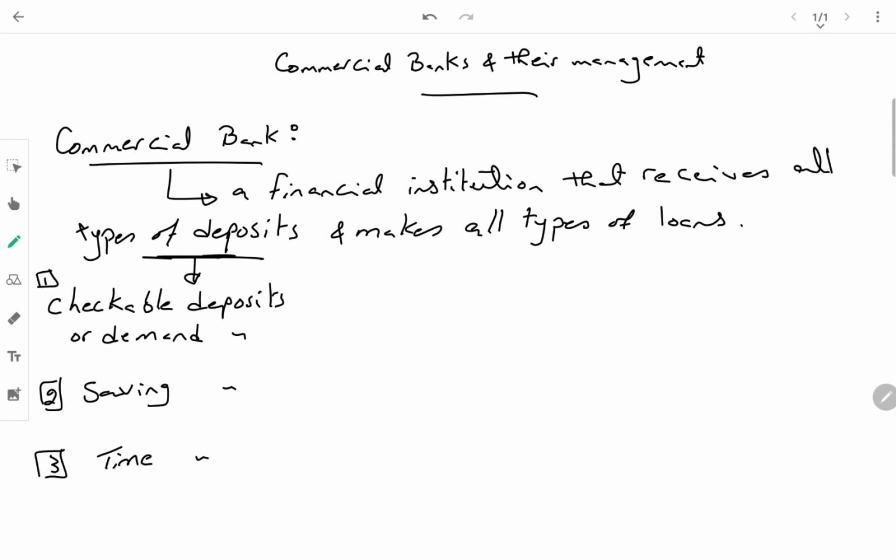What is the difference between the three types of deposits? With respect to checkable deposits, they are deposits in which we can write checks. There is no, or zero, interest rate on checkable deposits.